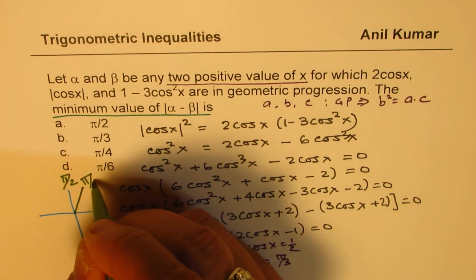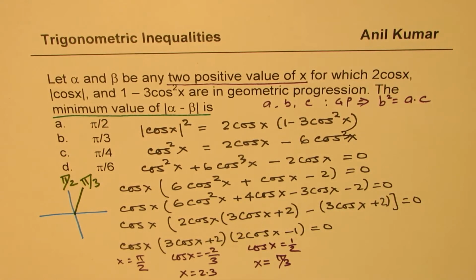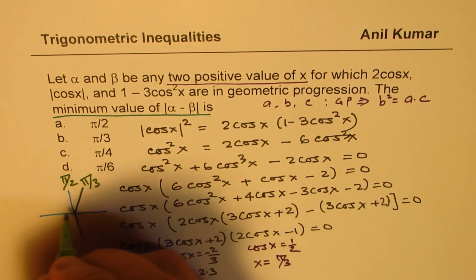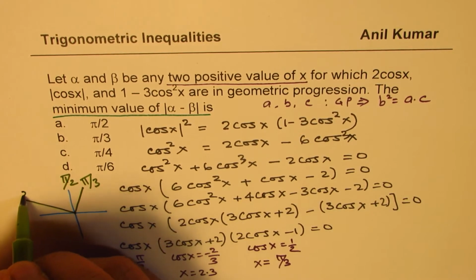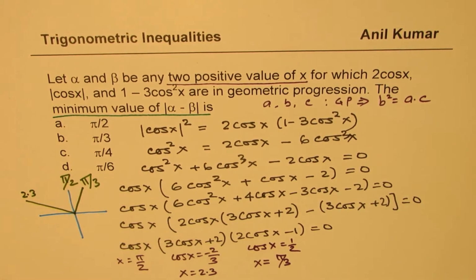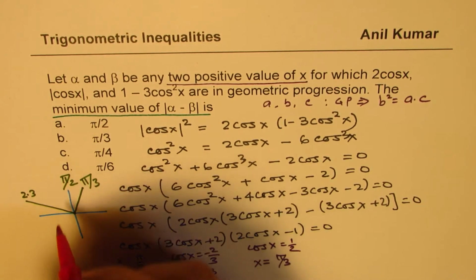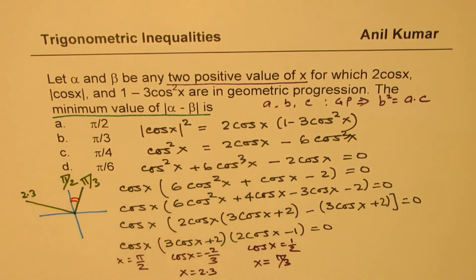Let's say this is pi by 3. And the third one, which is around 2.3 radians. So it is kind of like this, right? So clearly, this is 2.3 radians. The minimum difference between two values is this difference, correct? And therefore, we can calculate that value.